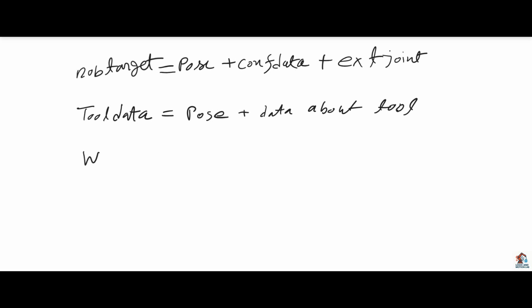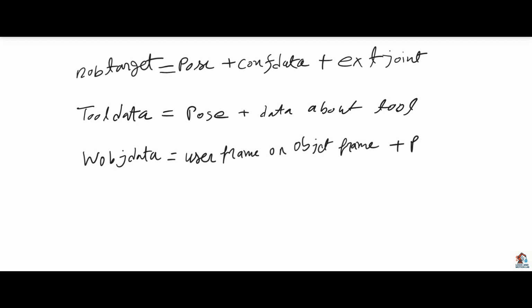The next one is work object data. In this data type, you will get the information about whether you are using the user frame or the object frame, also the position, the translation and rotation of the frame, and other frame information.